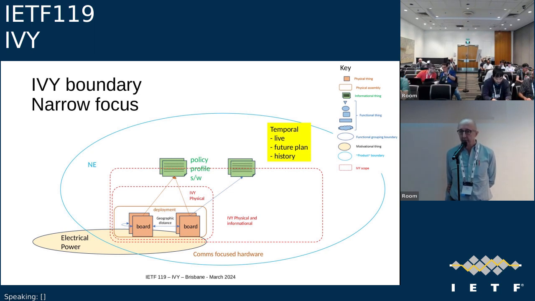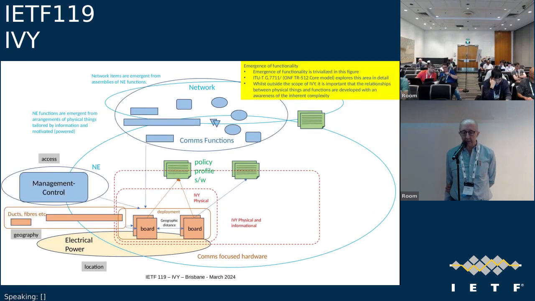So it's physical things, circuit packs in network devices. And taking that further, I now can put on here the blue stuff, that's emergent behavior. So that would be RFC 8345's scope, not the IVY scope, but clearly a relationship between that and the physical thing. So physical thing gives rise to the emergent behavior when powered.